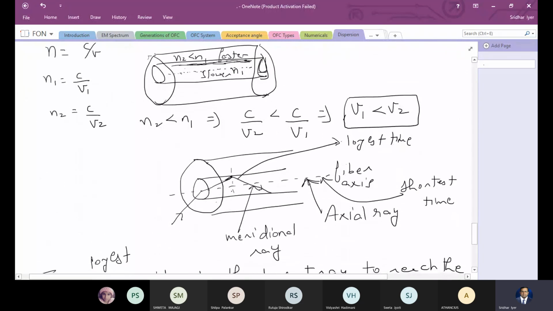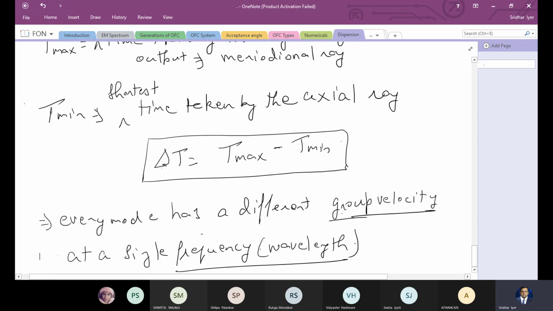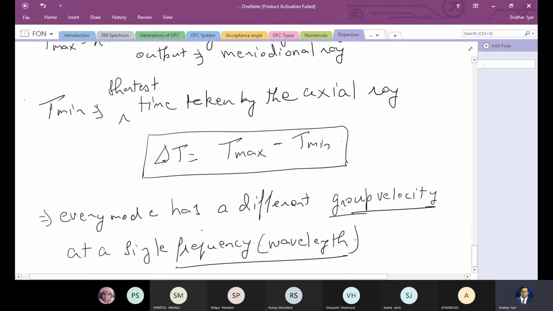One is the shortest mode, which is on the axis of the fiber, and the other is the longest mode, which is at the boundary of the core and the cladding. And the time difference between these two, that is T max and T minimum, is going to give us delta T. That is going to be the difference of time taken by these modes, right? So once you have considered the worst case, that is the longest and the shortest, then the time difference for all other modes will fall between this, right? So that is the idea here.